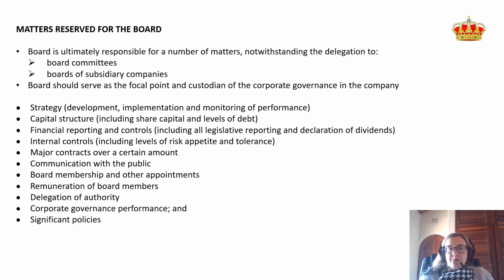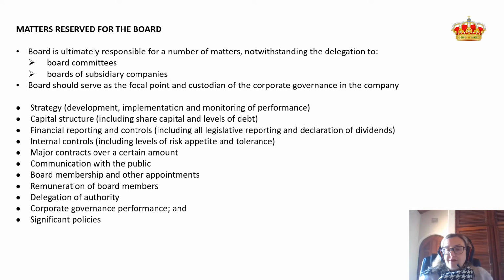In order to maintain that corporate governance responsibility at the board level, where King says that the board is the central place for corporate governance, the center of responsibility for good corporate governance, the board needs to reserve certain matters for itself. So these are matters which it is not going to delegate down.